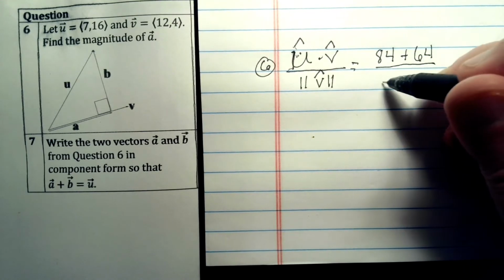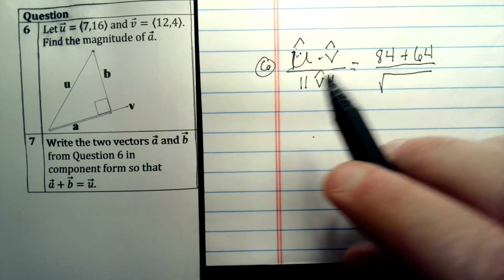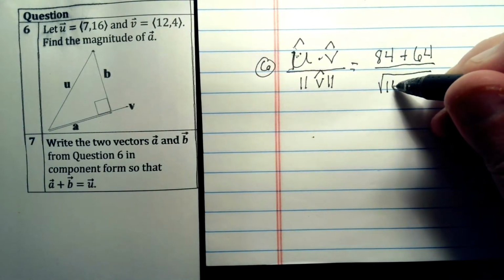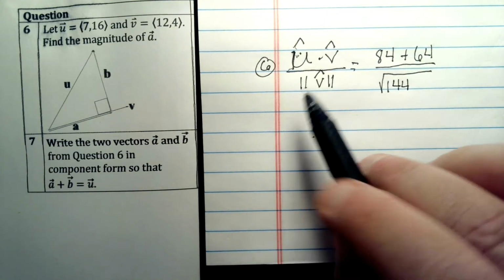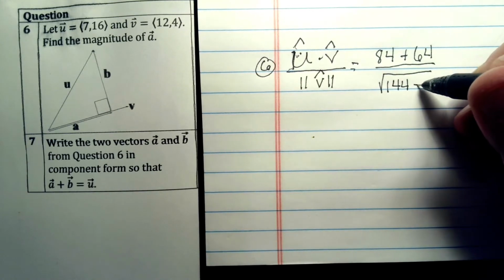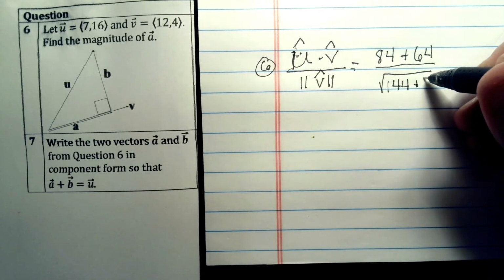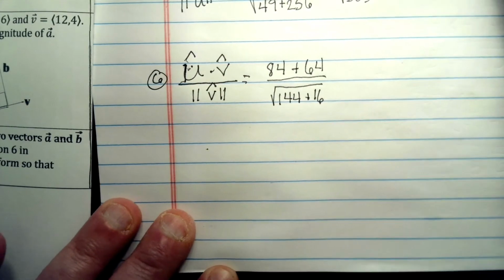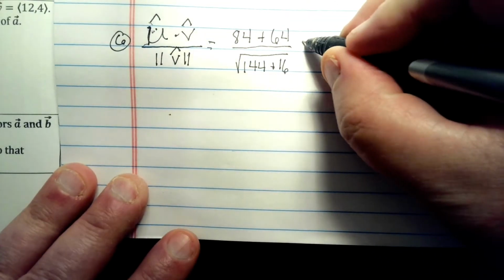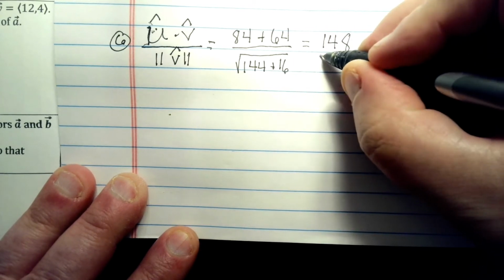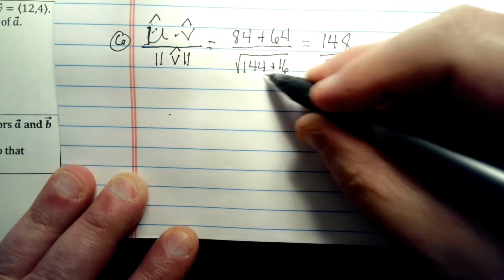Then we need to divide by the magnitude of v. So the magnitude of v is 144. We got that from squaring the 12, and then we need to add on the square of 4, which is 16. We'll add those and take the square root. This is 148 over the square root of 160.